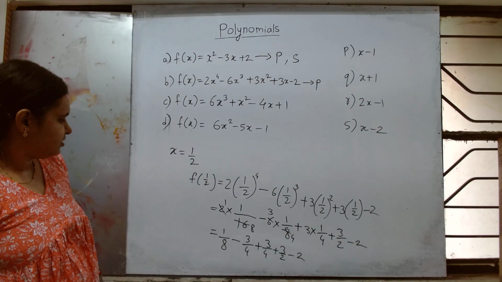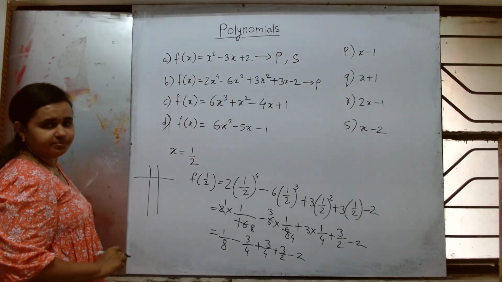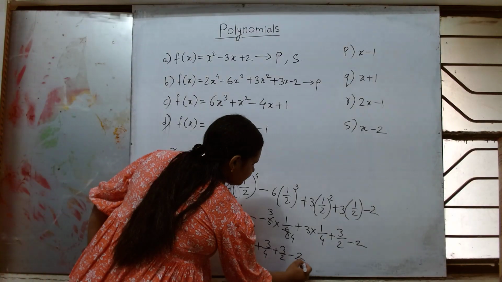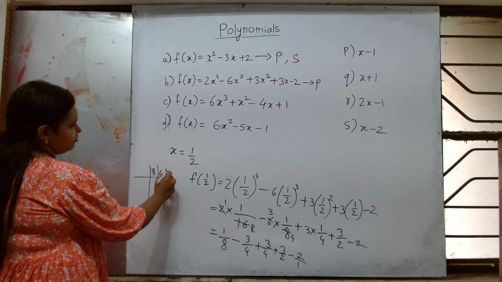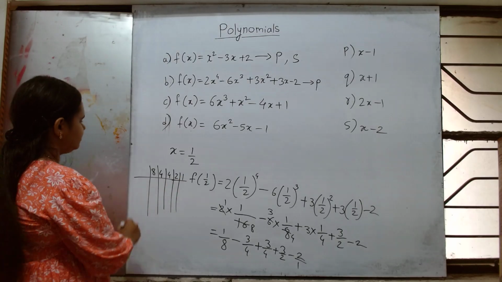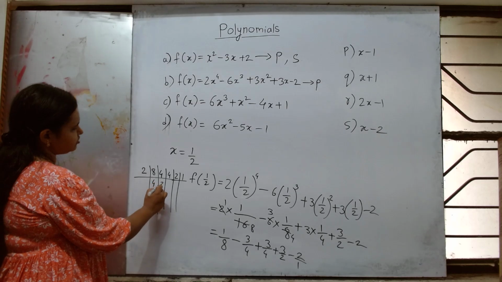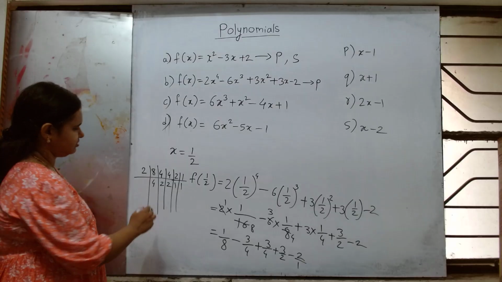So now let us take what the LCM is. Do you know how to calculate LCM? Just take the denominators 8, 4, 4, 2 and 1. Now let us divide by 2: 2 4s are 8, 2 2s are 4, 2 2s are 4, 2 1s are 2, and this is 1.